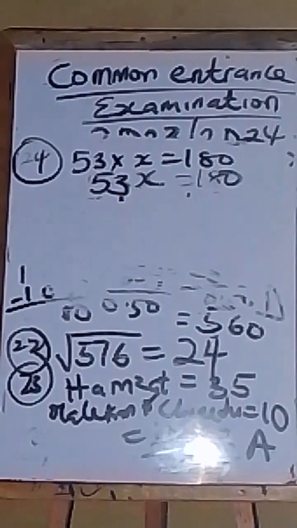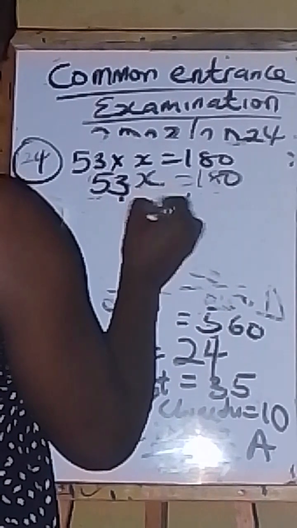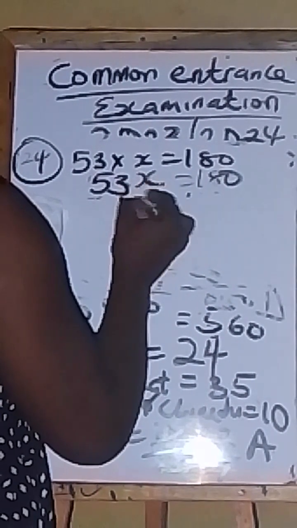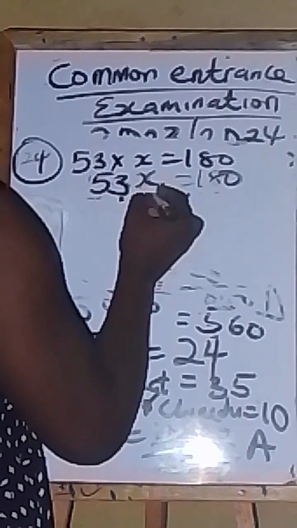53 of the number in a school is 180. What is the total number of pupils in the school? 53 of this number, I don't know the number.